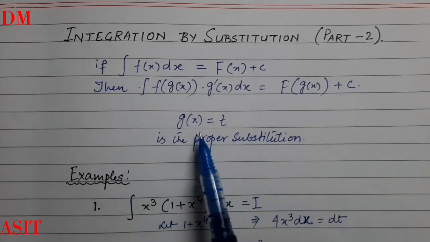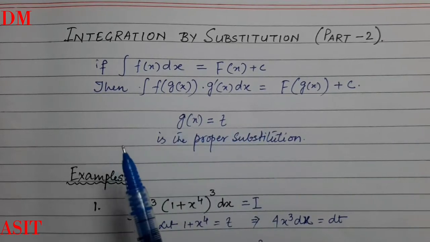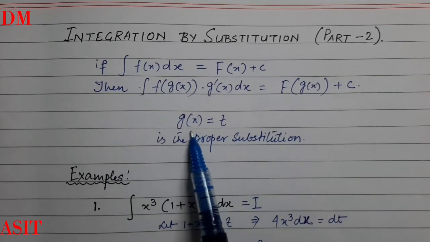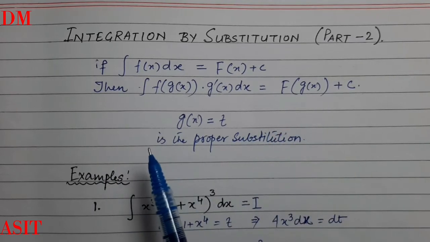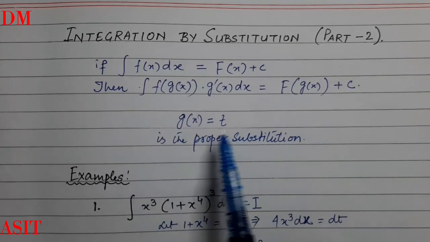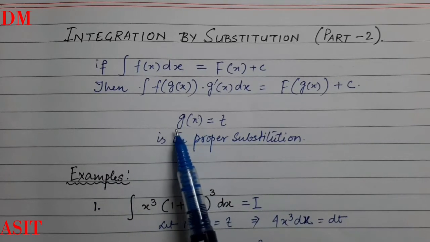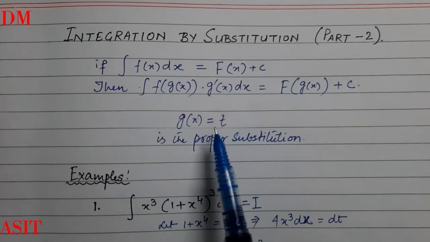There we have to consider g(x) equals t. I gave the proof in my previous video, you can go and check. We have to assume g(x) as t or any other variable z also. This is called the proper substitution. If we consider that, then g'(x) dx will become dt.